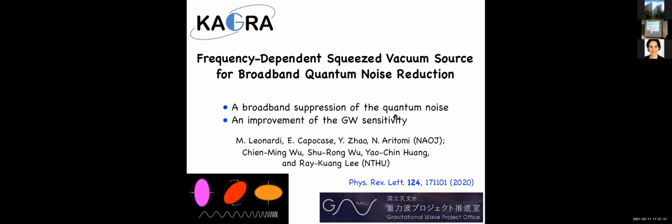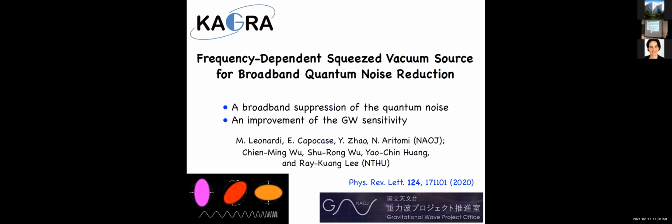Last year, we demonstrated this idea with a filter cavity to get a frequency-dependent squeezer for broadband quantum noise reduction. It was published in Physical Review Letters, as you can see here. Many people joined these experiments.